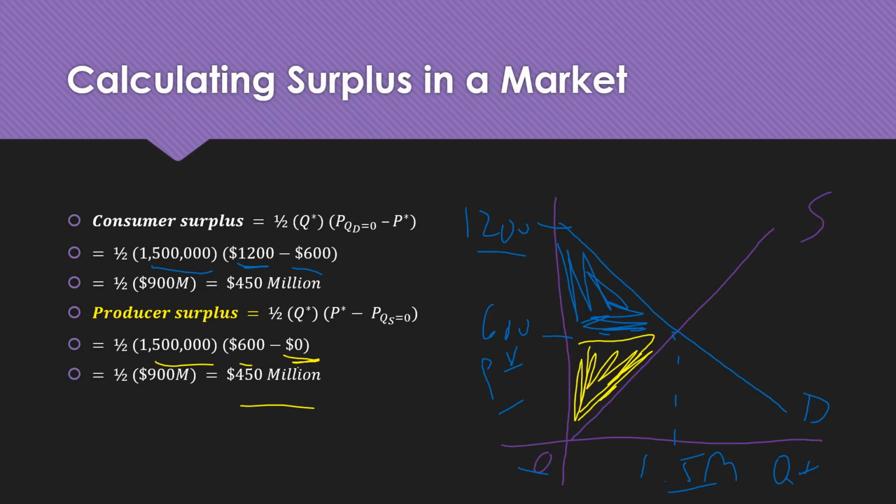Any other point, we wouldn't get as much as $900 million in total economic surplus. So economic surplus is just the sum of consumer surplus and producer surplus. So we end up with $900 million in this example.